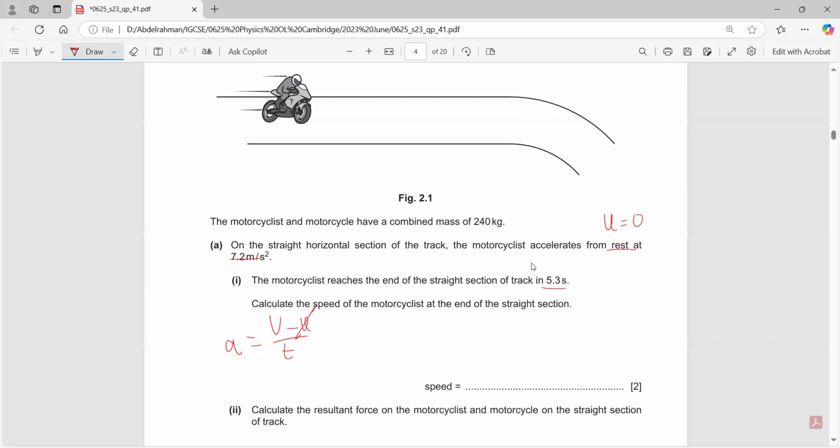So all you need to do is multiply t by a. So v equals a times t. 7.2 times 5.3 is around 38 meters per second.